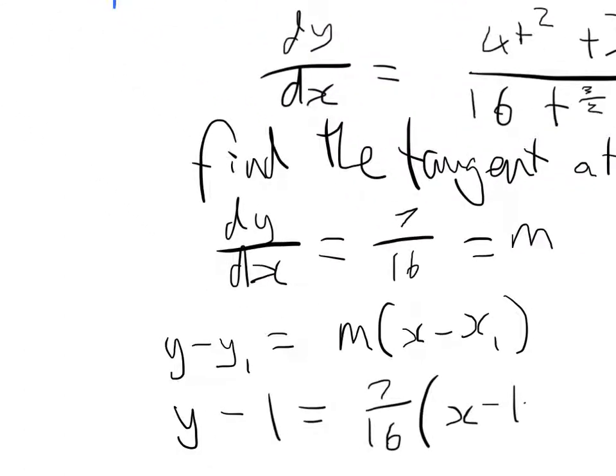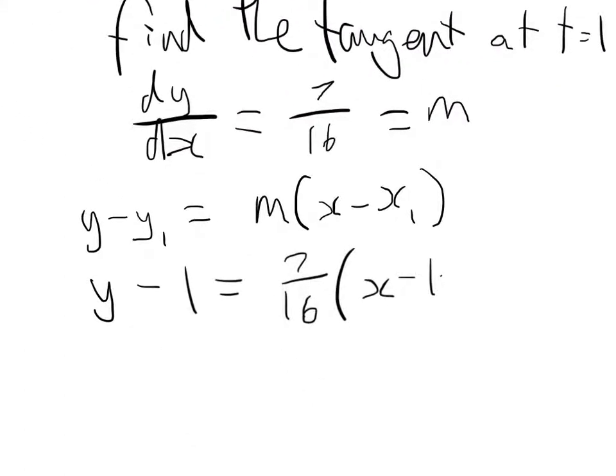And then we could simplify that to get our answer in terms of y equals mx plus c. But overall it gives us a fair idea as to what we've got to do from there. So that's using parametric equations.